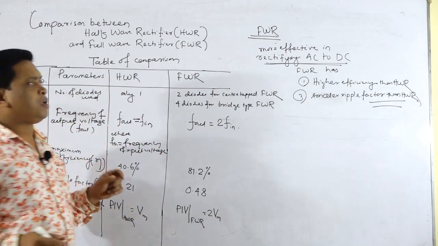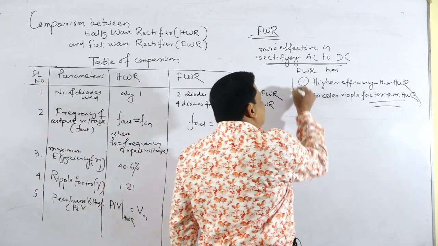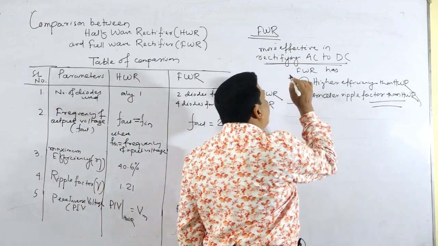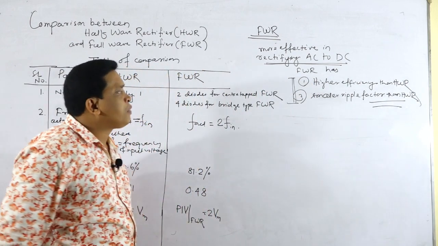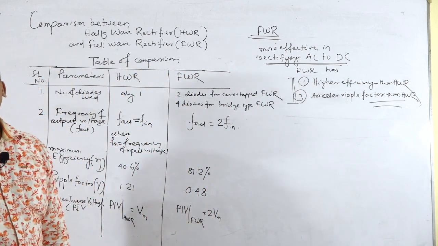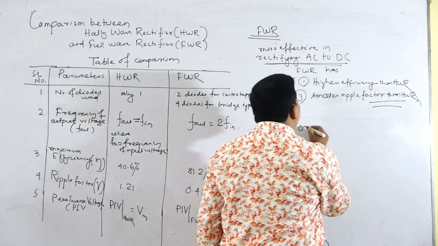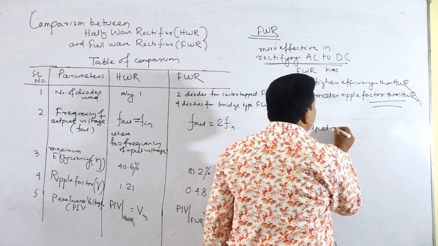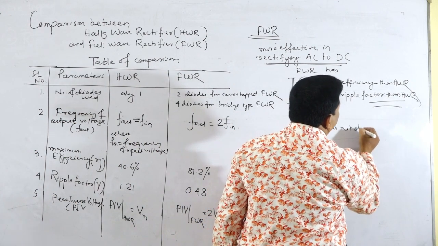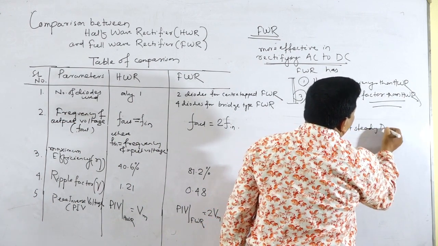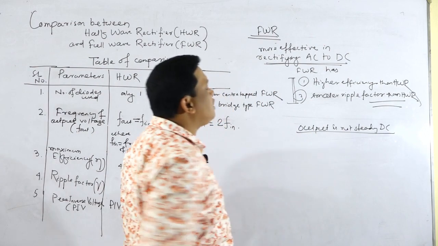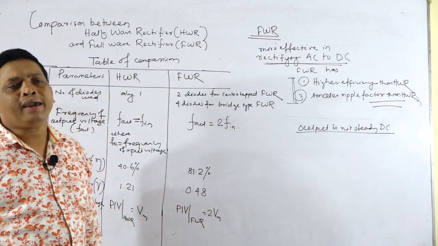But remember, in both the cases, whether it is a full wave rectifier or half wave rectifier, the output is not steady DC. Why?